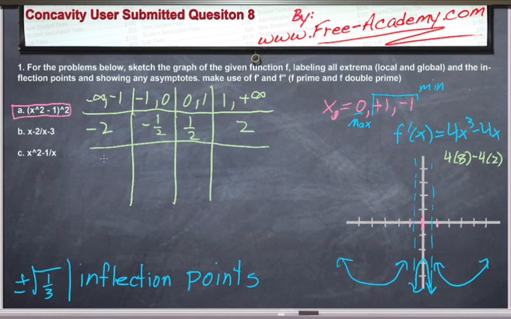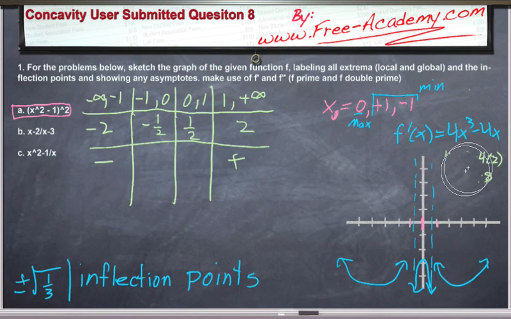We don't need to multiply that out to know that for positive 2, that's positive. In the case where we put negative 2 in, this will give us 4 times negative 8, so this is going to be negative 32 plus 8, so that'll be negative.